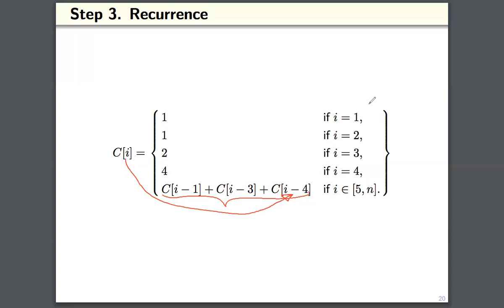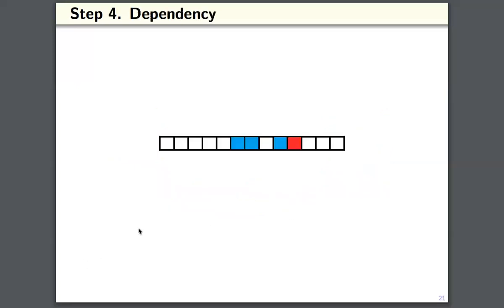Once you get the number of base cases, then you can define the base cases, and your recurrence will be complete. So do not try to write all the base cases first, because you don't know how many base cases you need without looking at the recursive relationship. Okay, dependency. C of I depends on C of I minus 1, I minus 3, I minus 4, right?